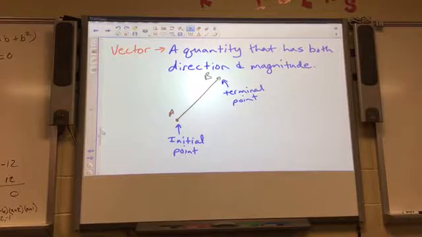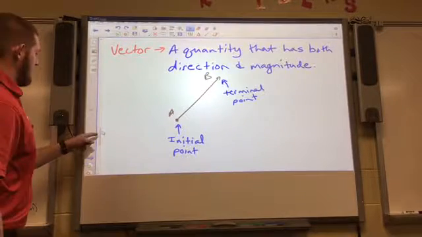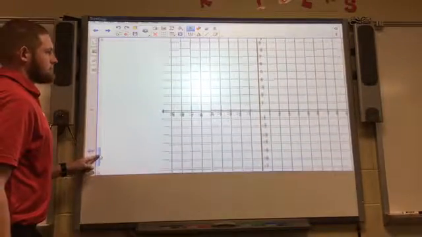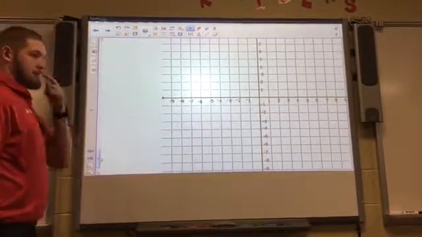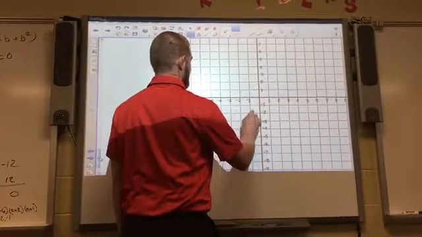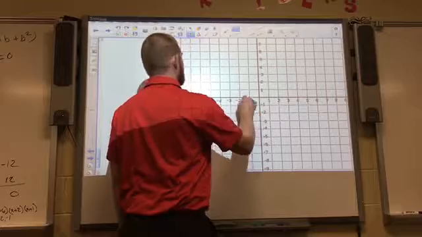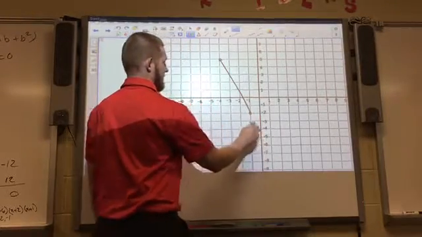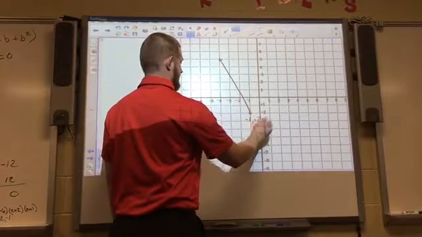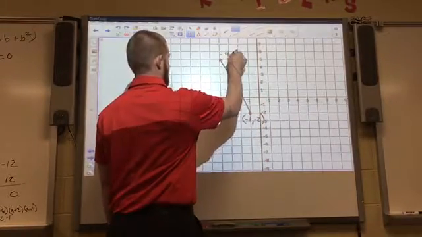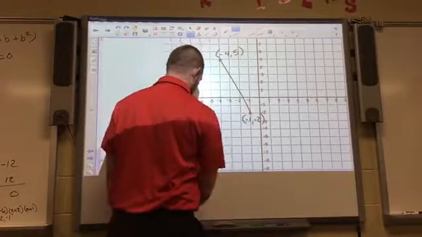Now, with a vector, it'll typically be in a coordinate plane for you. So let's say I have this vector at (-1, -2), and then it ends at (-4, 5).